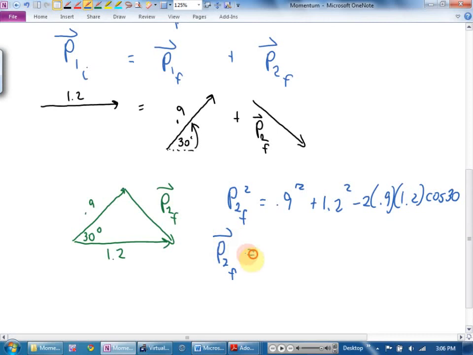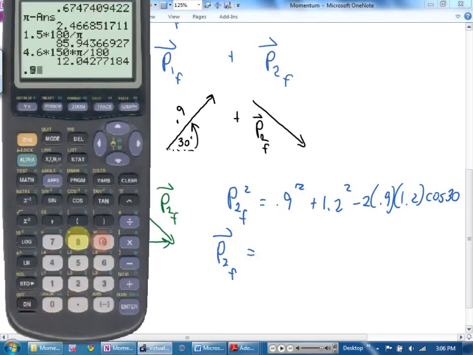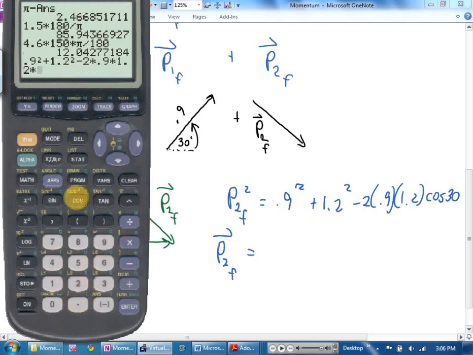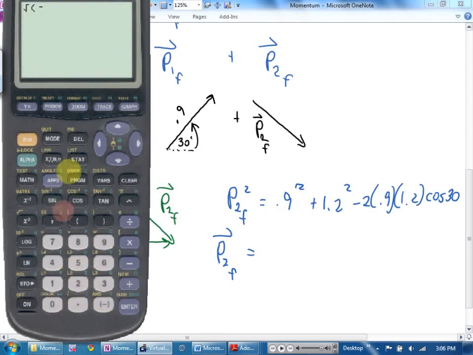The final momentum, and then square root. You get 1.38449? Yeah? I'll go 1.3845.